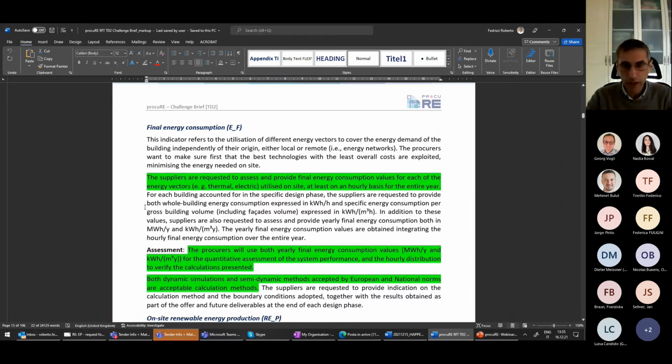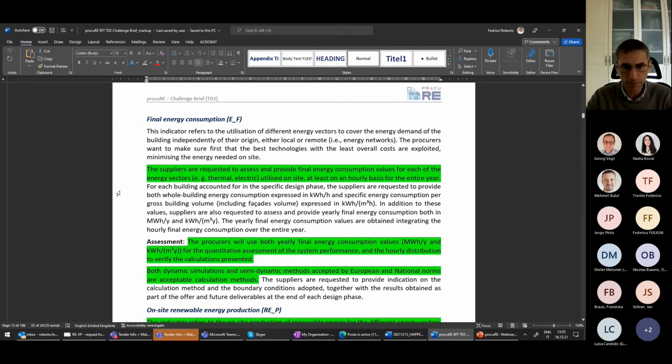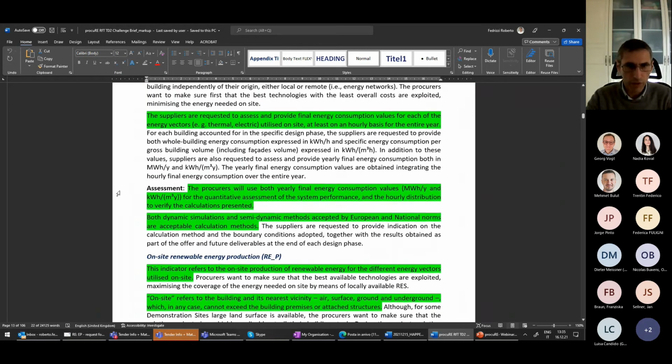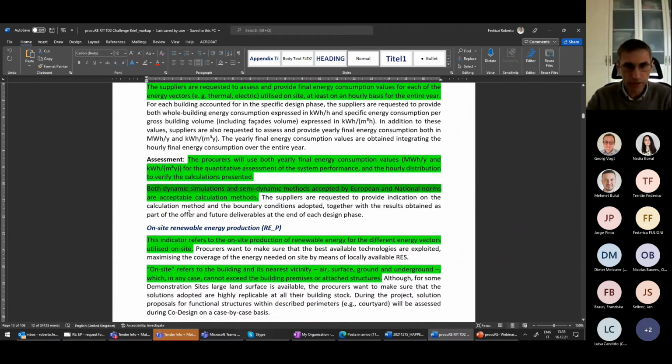So megawatt hours a year and megawatt hours per cubic meter a year, in terms of the energy which is used to cover thermal and electric needs of the buildings. For this, we can accept dynamic simulations or semi-dynamic methods that are accepted in the single national normatives.